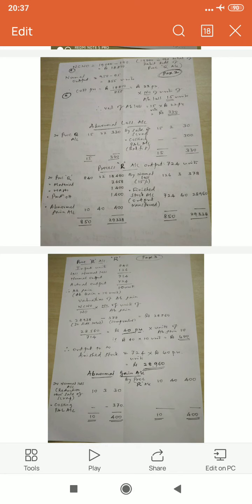However, normal loss has realized a value of rupees 190. In the sense, by a magnitude of rupees 190, our cost in process Q gets lessened. Definitely, for that reason, 19,000 minus 190 is equal to 18,810.